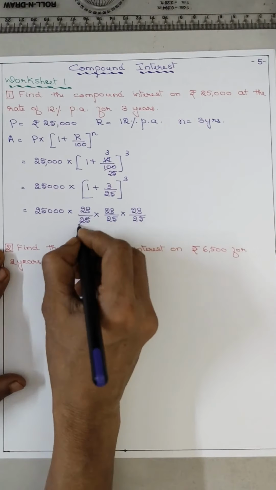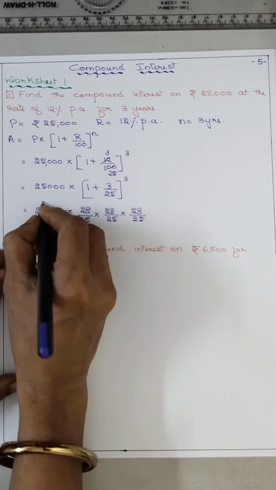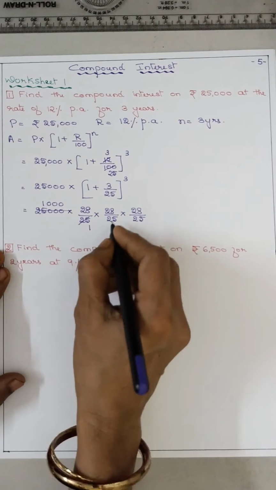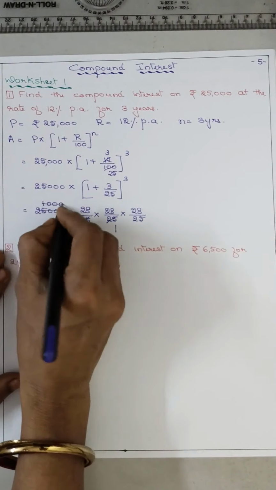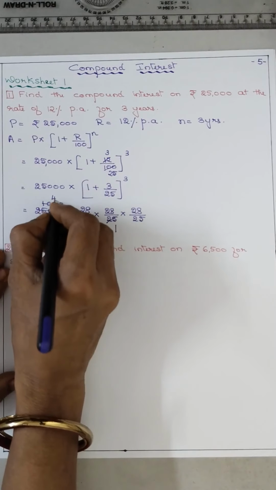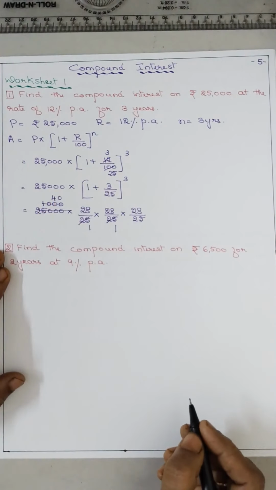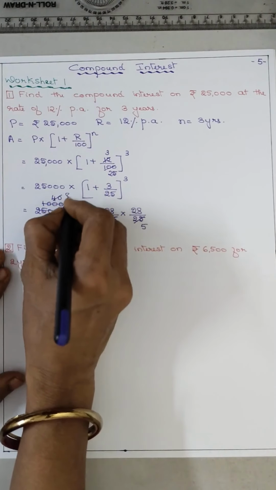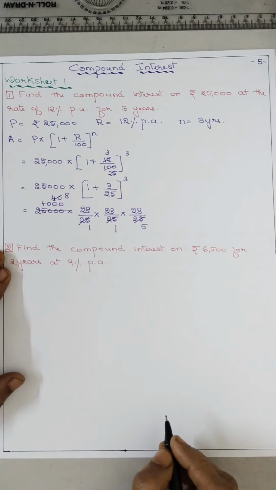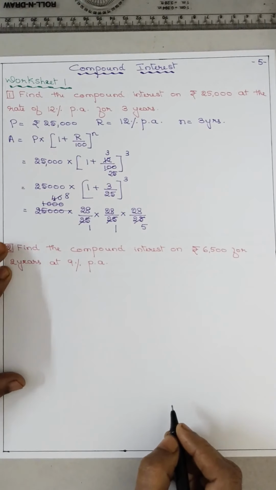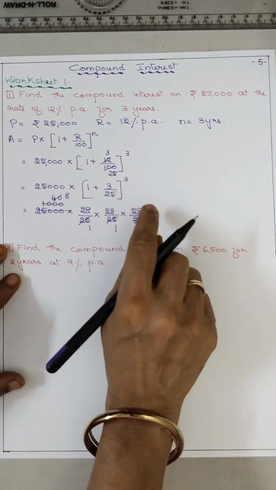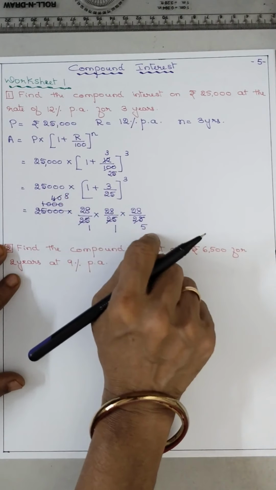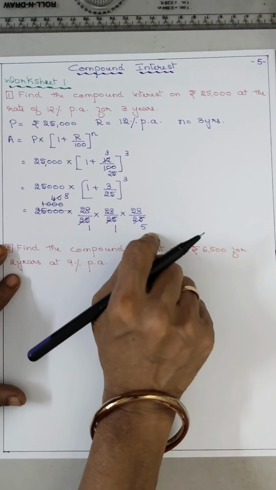Now 25 ones are 25, 3 zeros. 25 fours are 100, 0. Now 5 5s are 25, 5 8s are 40. Now you have to find out 28 cube and multiply by 8 and divide by 5.